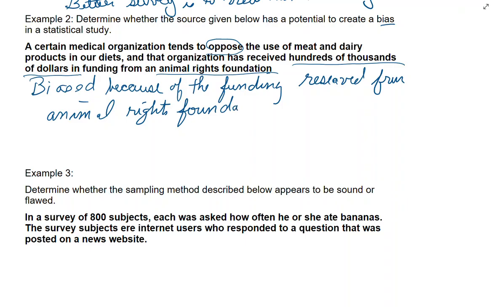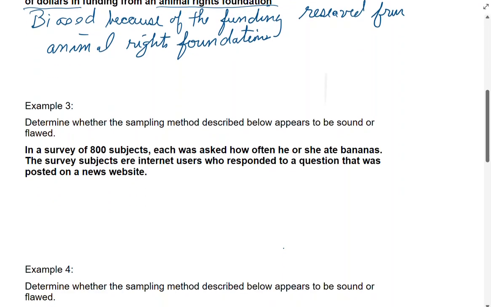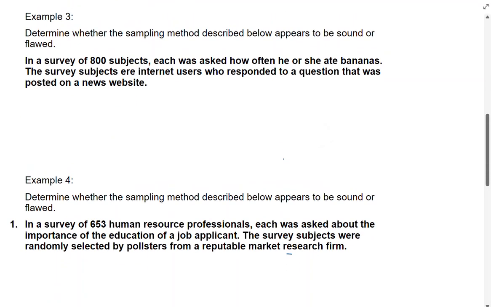Not that they would be, but they already had a presupposition to oppose the use of animal products in this diet. So there's a tendency for bias.